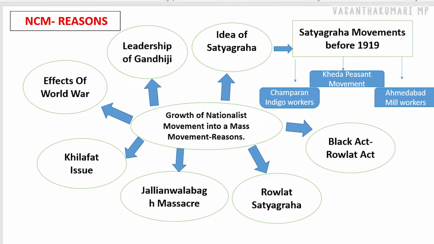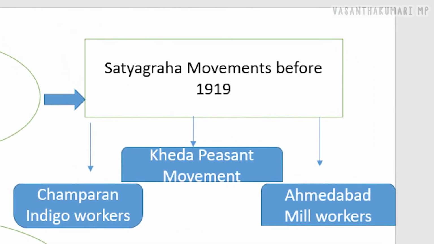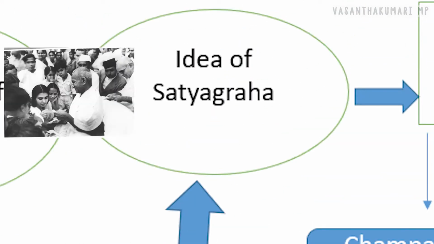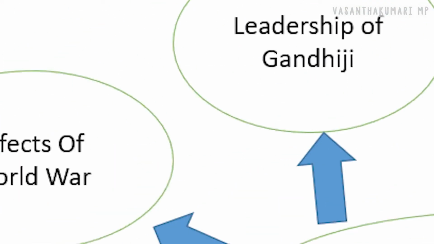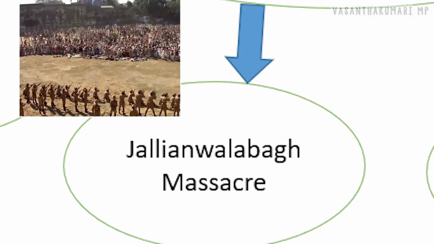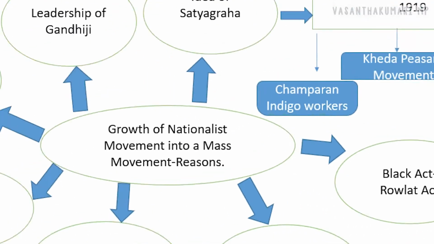In Module 1, we have already discussed the events between 1914 to 1919, that is, the events from the First World War and its consequences to the Khilafat issue. Once again, we can have a quick recap of those events.